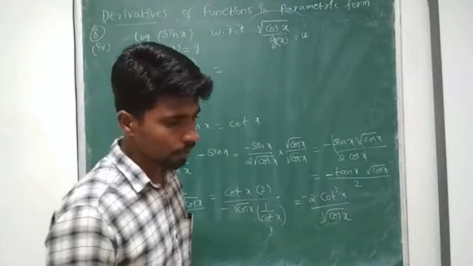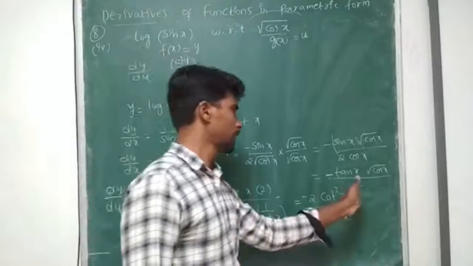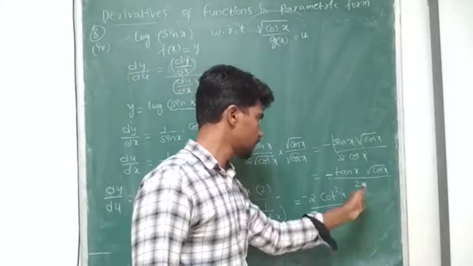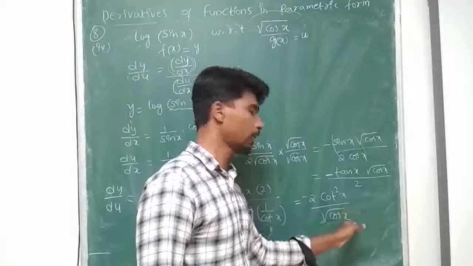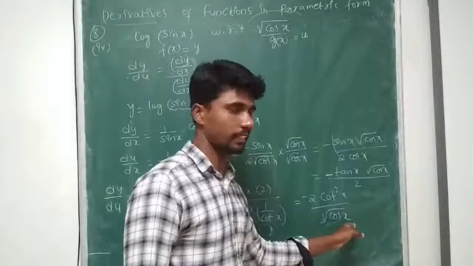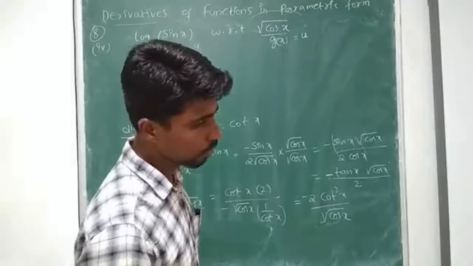Still you can simplify this one by multiplying by root cos x. We get 1 by cos x, which is nothing but cosecant x into root cos x.